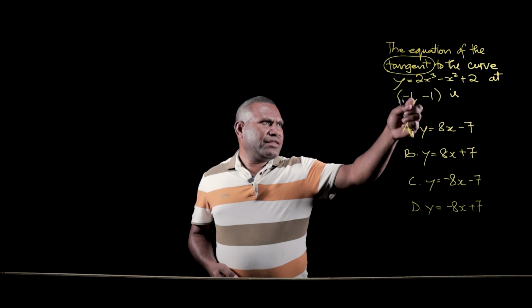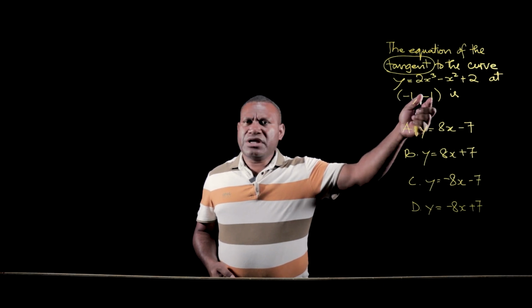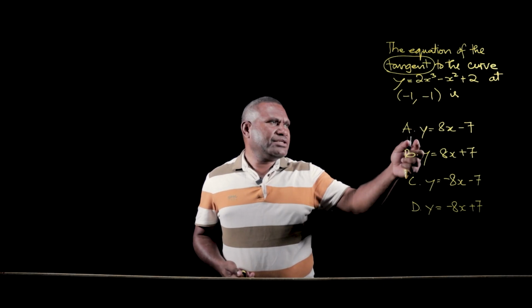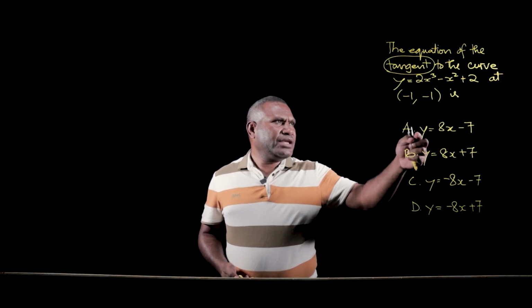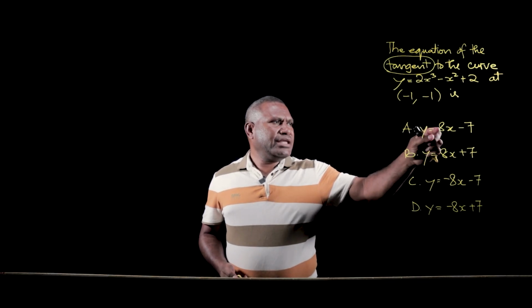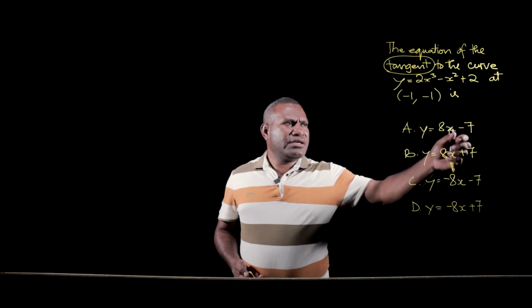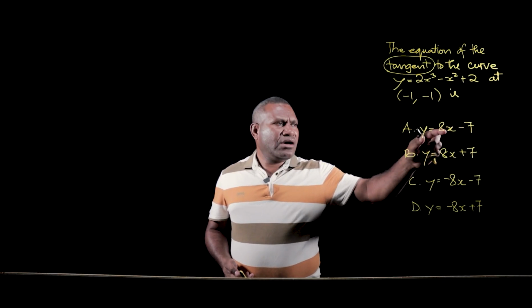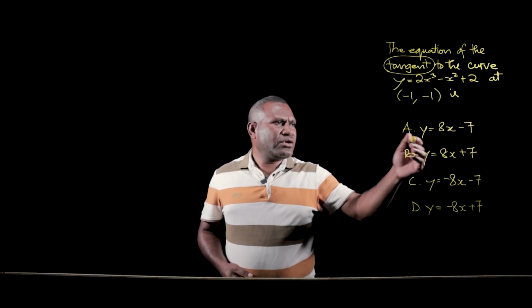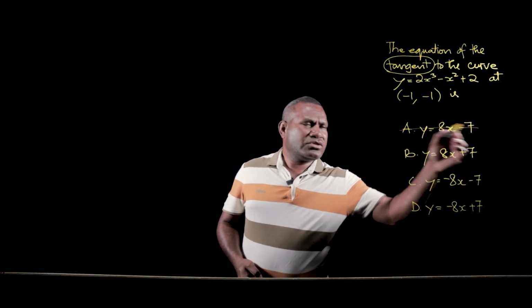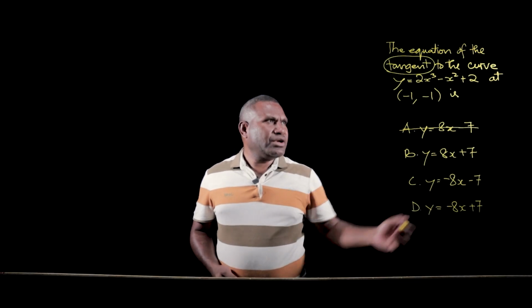The x coordinate is -1, and the y coordinate is -1. So if you substitute -1 here, you have -1, and then 8 times -1 is -8. -8 take away 7, the equation is not balanced, so this is definitely out. Now let's look at the last one.